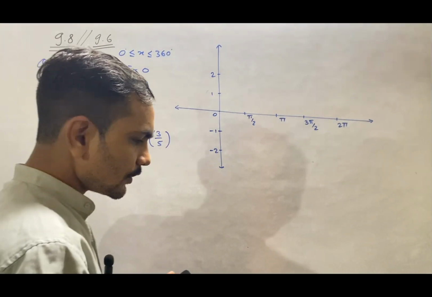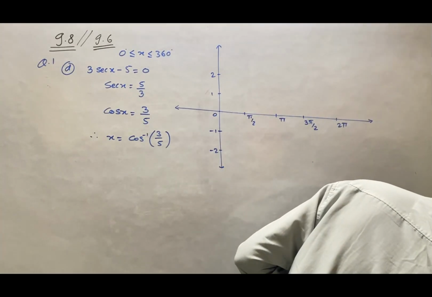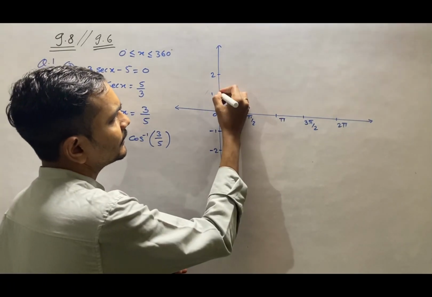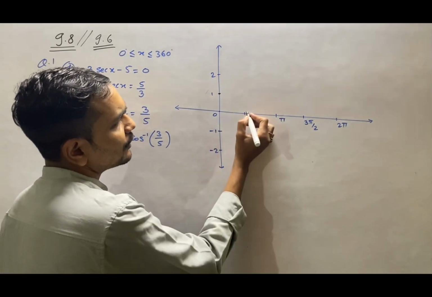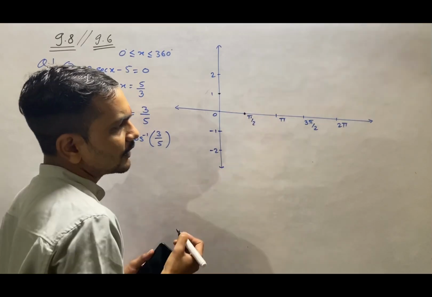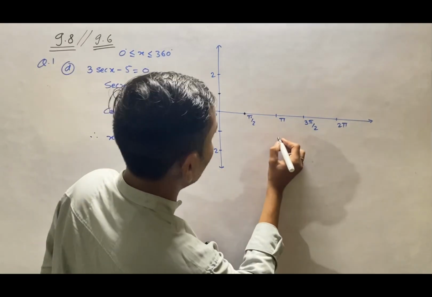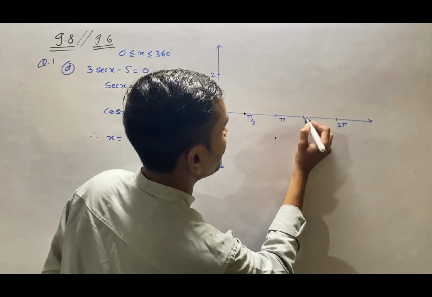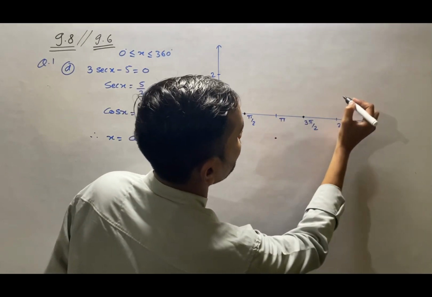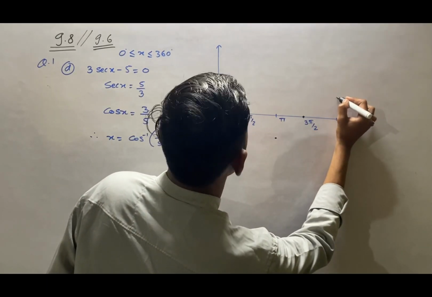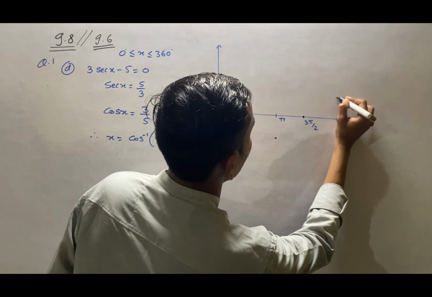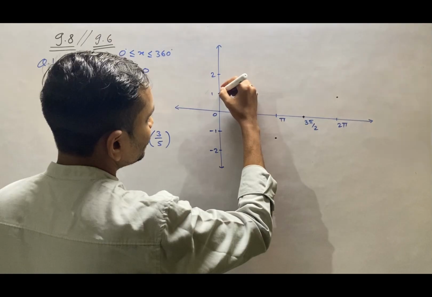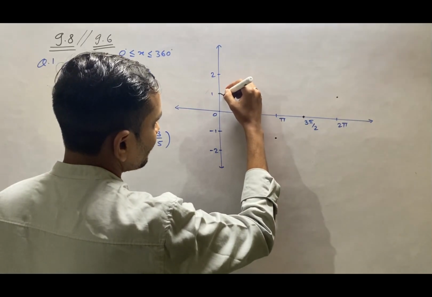So cos is 1 at 0 degrees, cos is 0 at 90, cos is negative 1 at pi, meaning 180, cos is 0 at 270, and cos is again 1 at 360 or 2 pi. Let's join these coordinates.